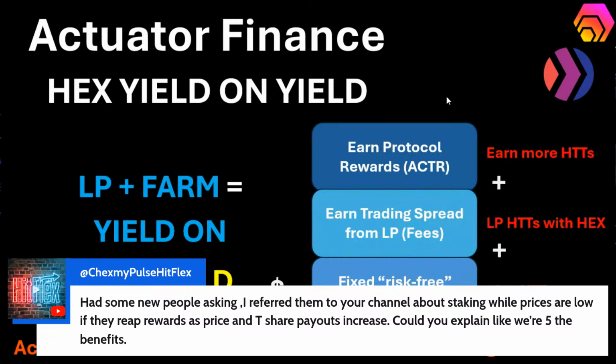It could be used as collateral in other protocols that may come in the future. And in Actuator, you can delegate them to the Actuator protocol and mint HTTs, right? And basically take a loan on your own value, which is very similar to a HELOC in that way. And so, yeah.